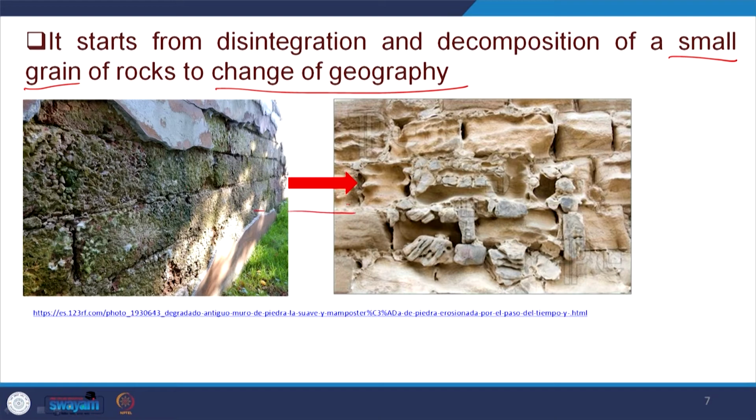After hundreds of years, you see the situation of the bricks, and finally, what are their products? Product is soil, small grains, the grains that will be transported from here, removed from here and deposited somewhere else, which will be a part of the soil formation process.